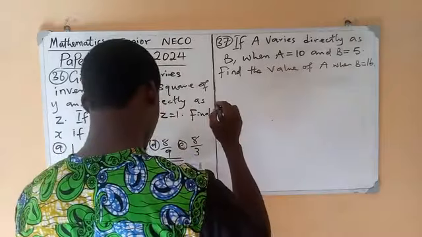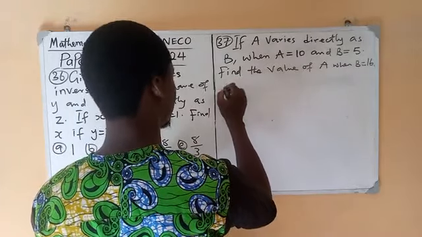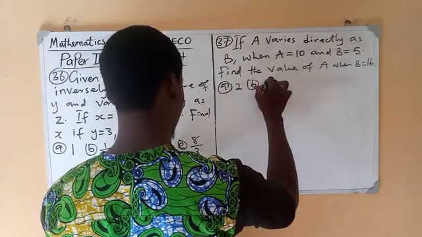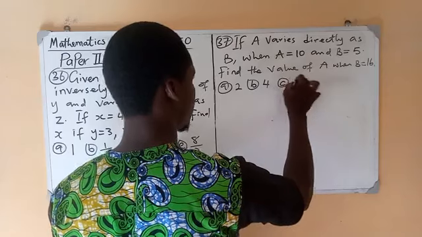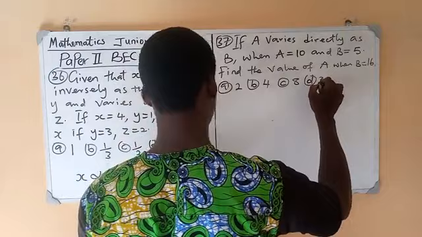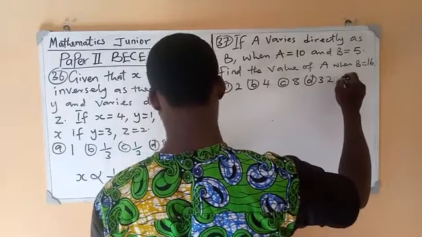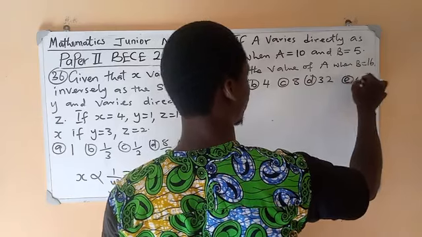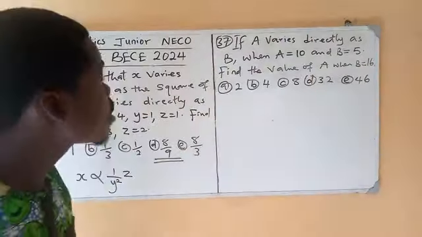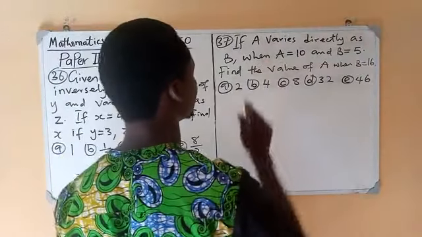The options given are A 2, B 4, C 8, D 32, and E 46.